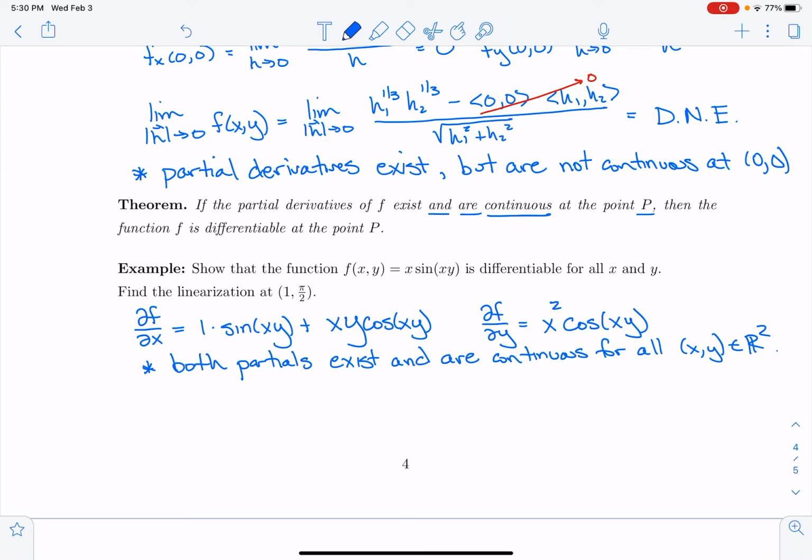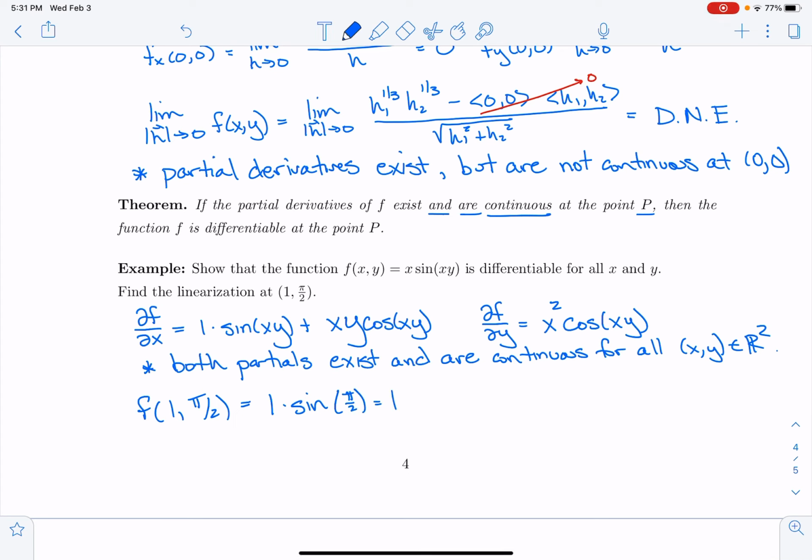And then it says find the linearization, or find the equation for the tangent plane, or find the linear approximation. So here we need f of 1, pi over 2, which equals 1 times the sine of pi over 2. That's 1.